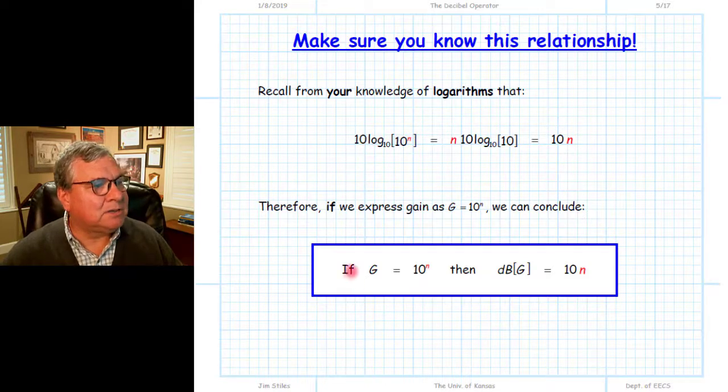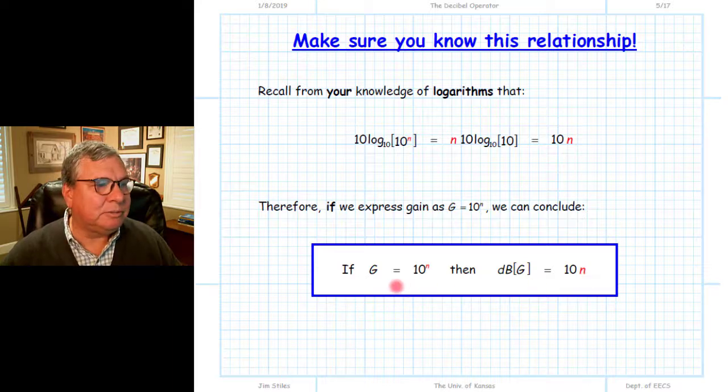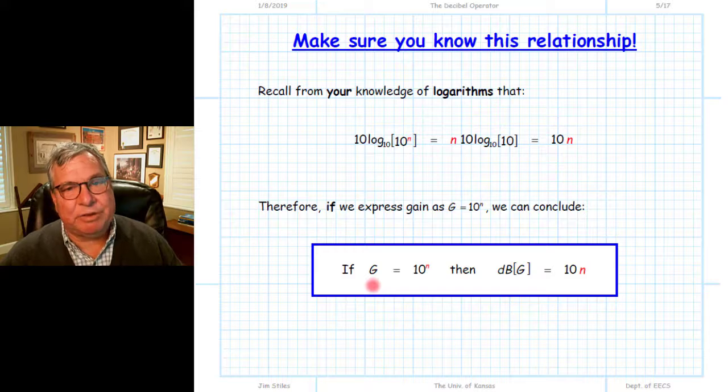All right, so if we have a value of gain that we can express as 10 to the nth power, then we can immediately say that that value expressed with the decibel operator is 10 times whatever that value of n is. Now, remember, any value of gain we could express in this way. Any value, 26.37, we could write as 10 to n, where n is some value.